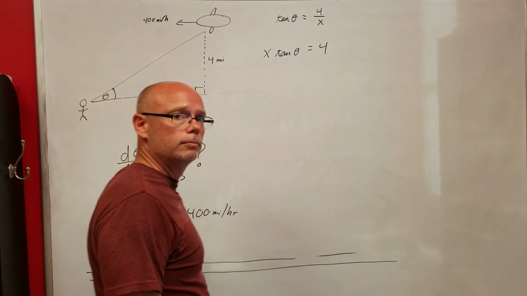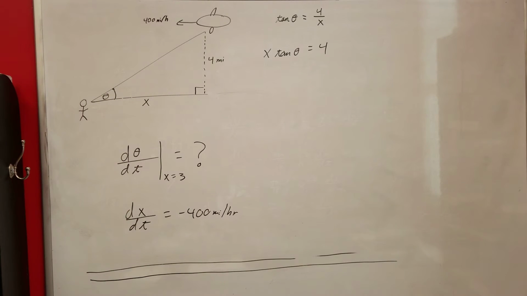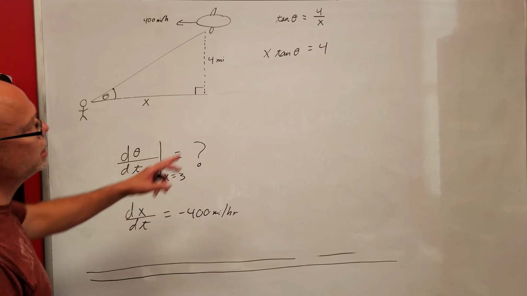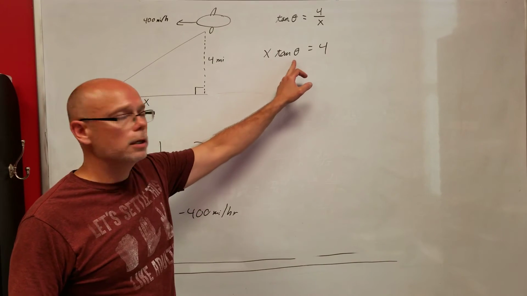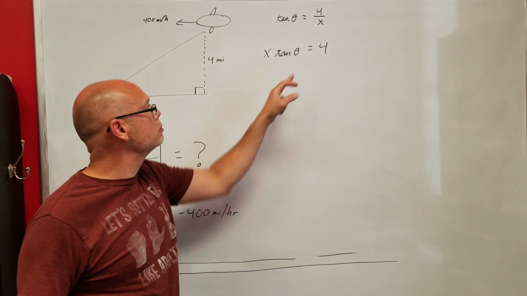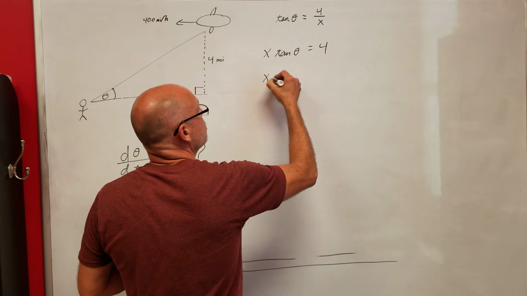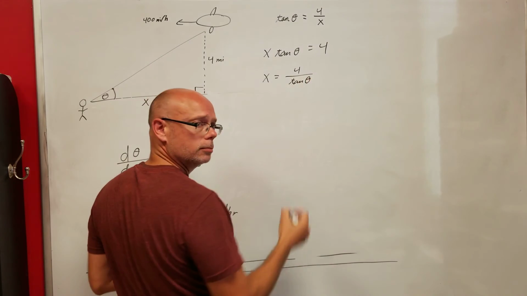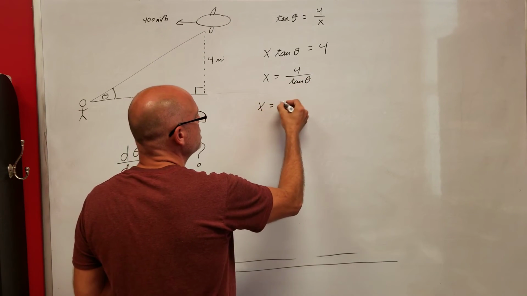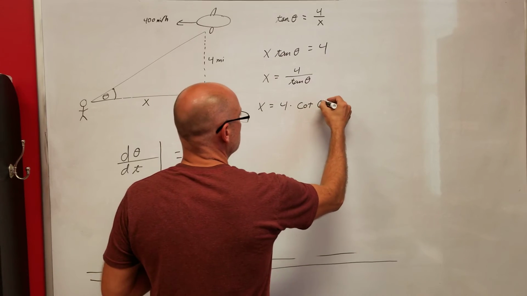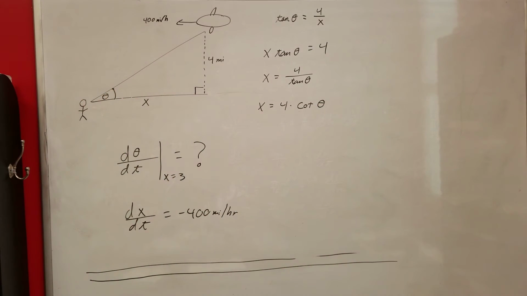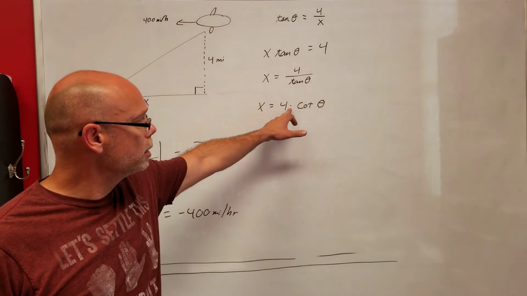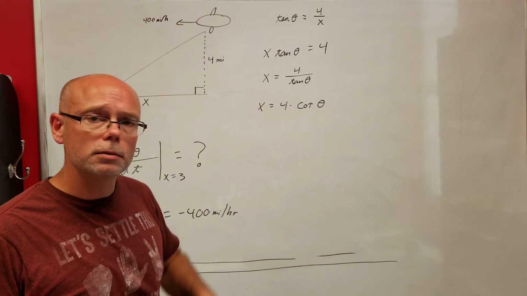I get this. If I try to take the derivative of this, I'll have to use a product rule, right? So maybe I'll go ahead and divide by tangent of theta. So x is equal to 4 over tangent of theta. Or could I write this as x is equal to 4 times cotangent of theta? Now I'm not going to have to use a product rule because this is just a constant, right?